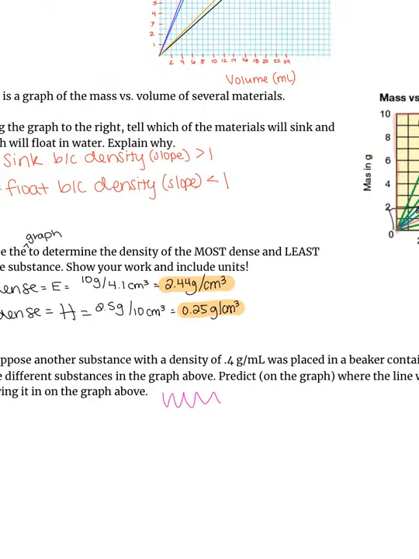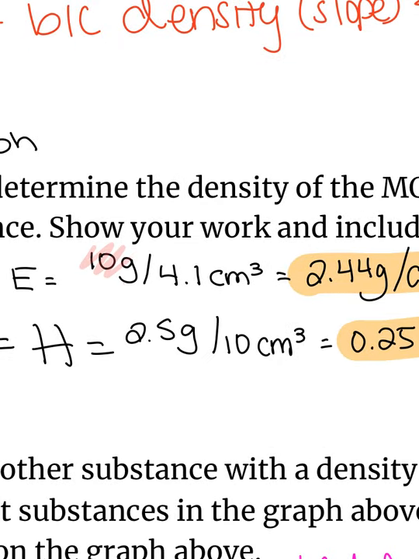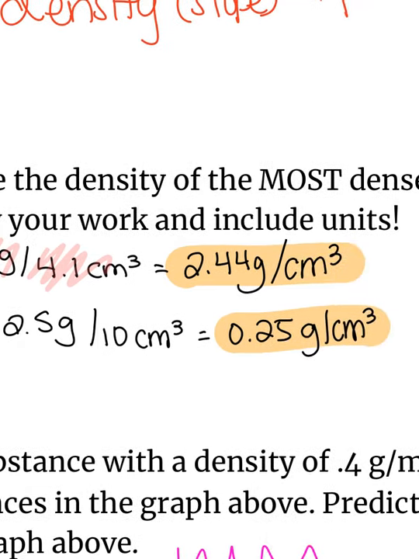So rise 10, run just slightly past 4. I estimated mine to be 4.1. When I do that calculation, I get a slope, or a density, of 2.44 grams per centimeter cubed.